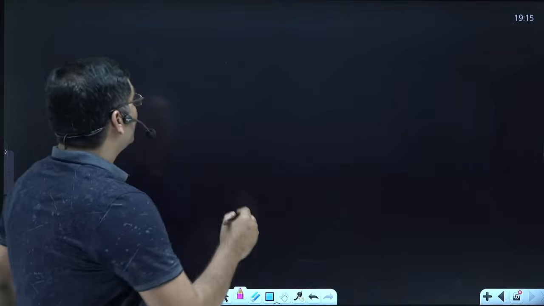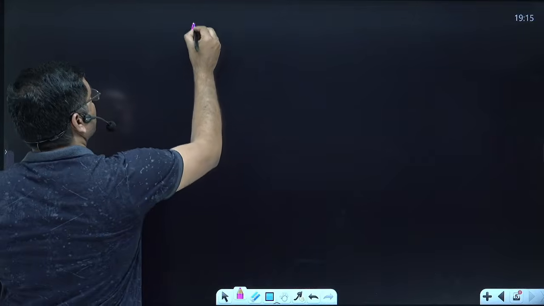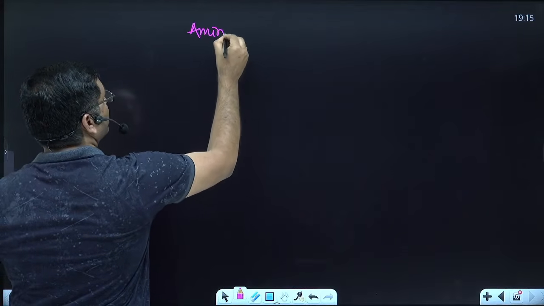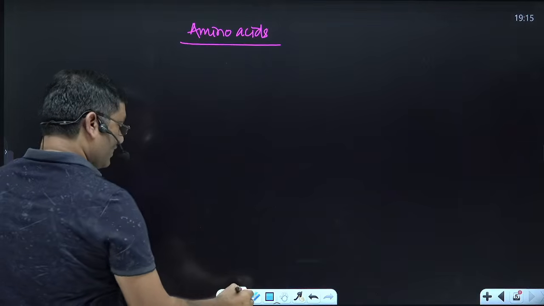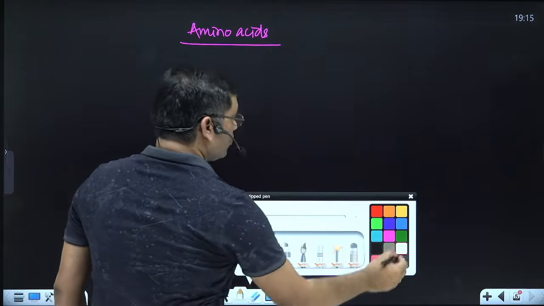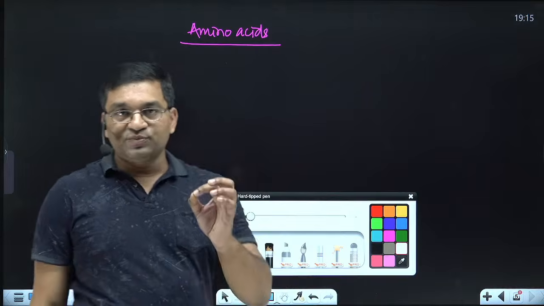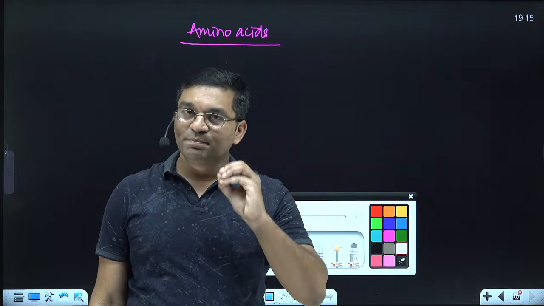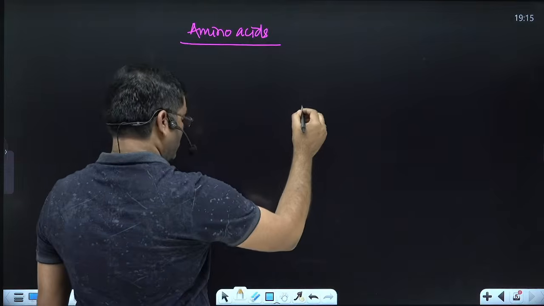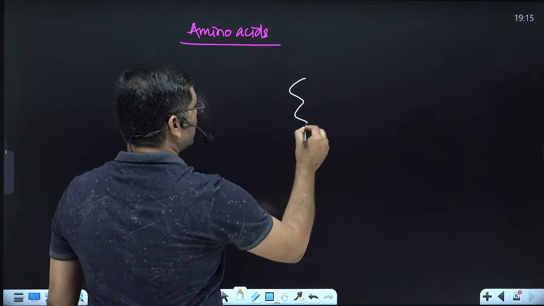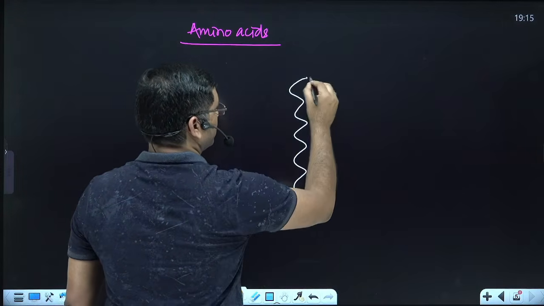Now free amino acids, they are absorbed from the small intestine. The three modes of absorption, first one is the sodium dependent symport. So it is a type of secondary active transport. Suppose this is intestinal mucosal cell.